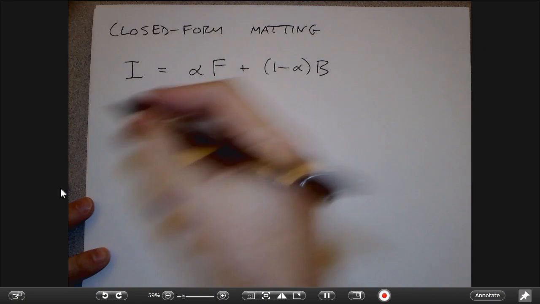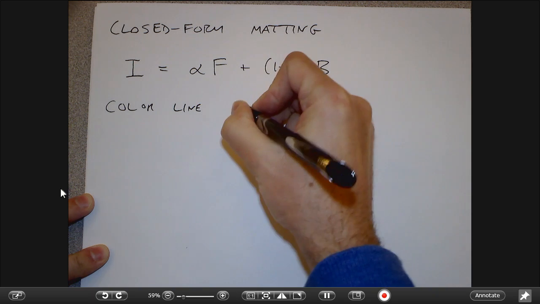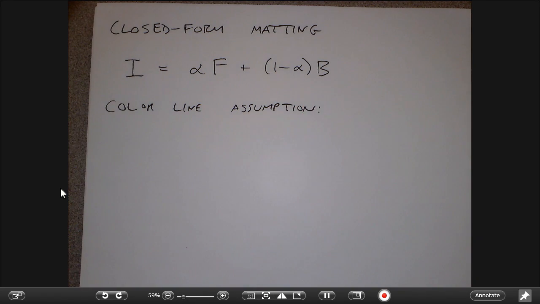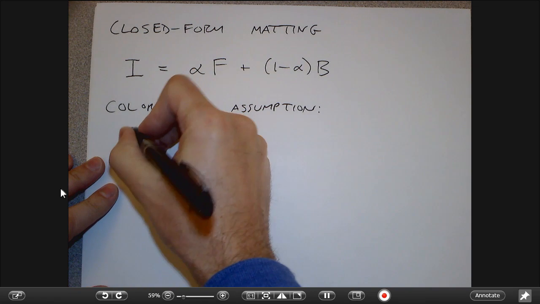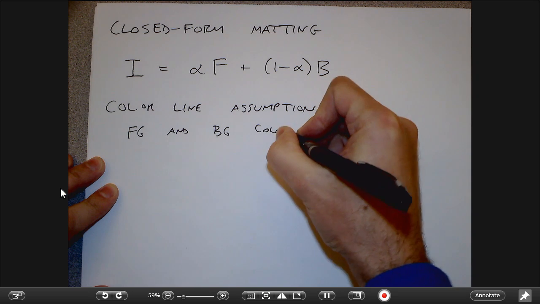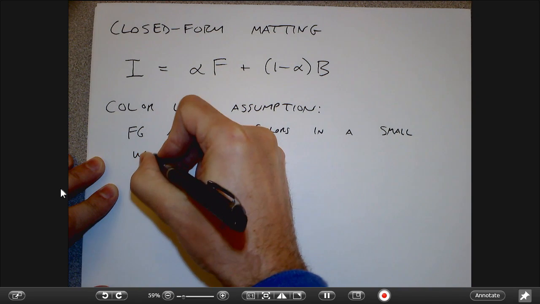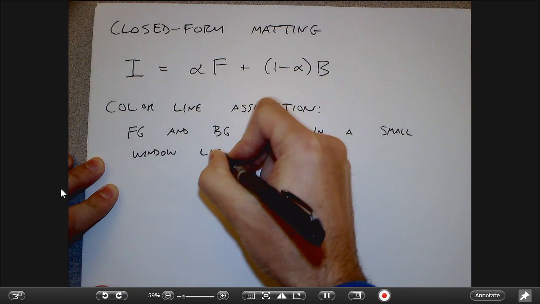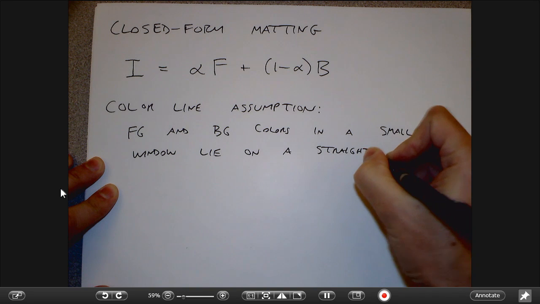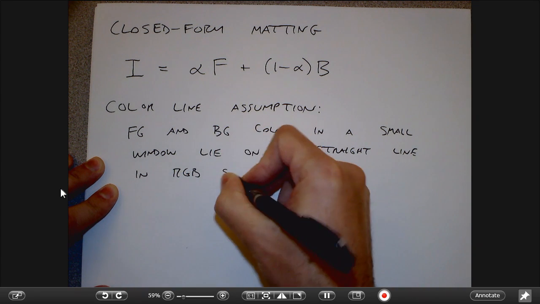So the color line assumption mathematically says that the foreground and background colors in a small window lie on a straight line in RGB space.